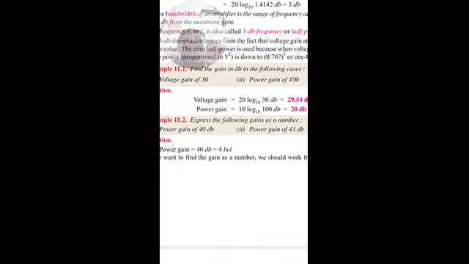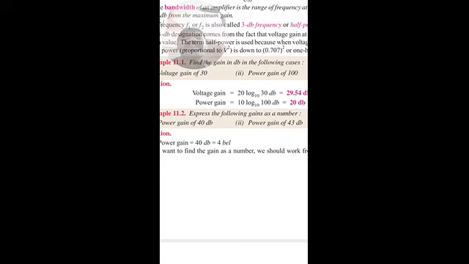Similarly, express the following gains as a number. In this case we converted the gains into dB. In the next example, if gains are given in dB, then we will convert them into normal gain. Let us consider a power gain of 40 dB and a power gain of 43 dB, and convert them into normal. How to convert the dB scale into normal gain?